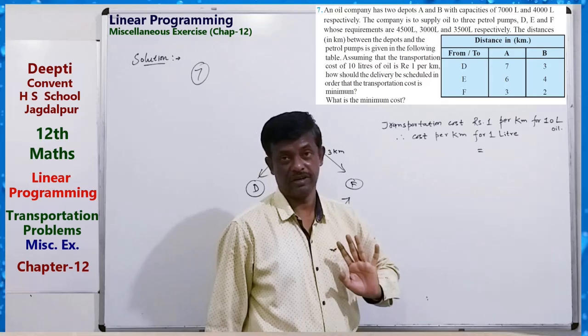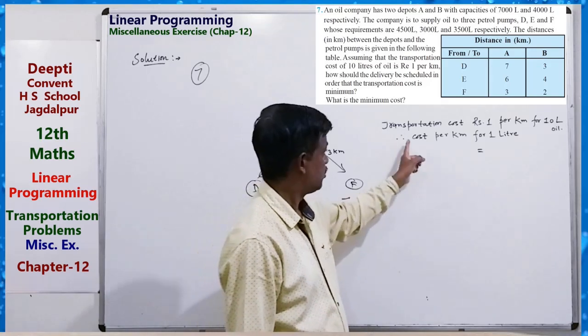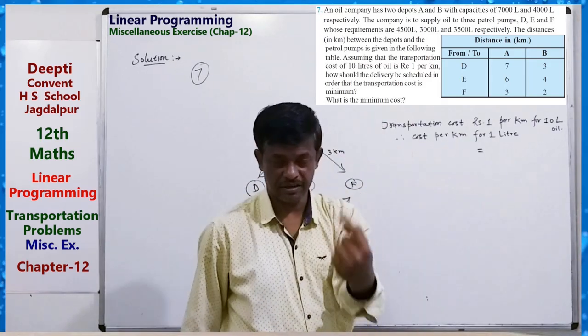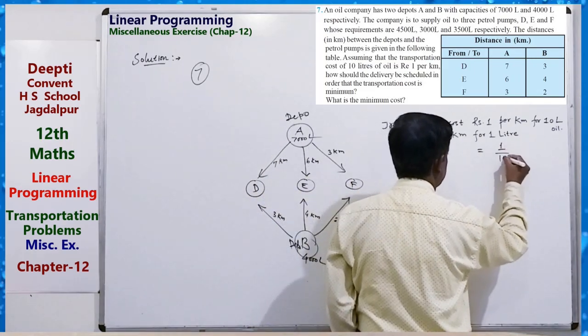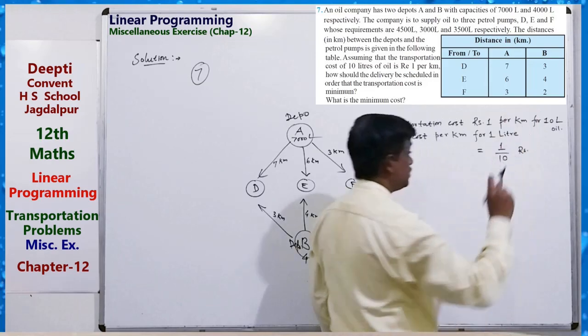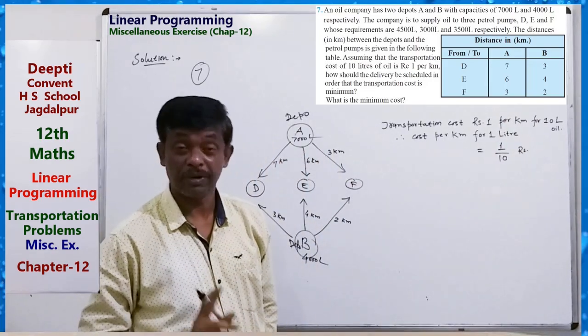Cost per kilometer for 1 liter equals 1 by 10, that is 1 by 10 rupees. This is the cost per kilometer per liter.